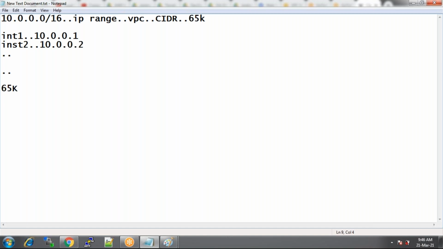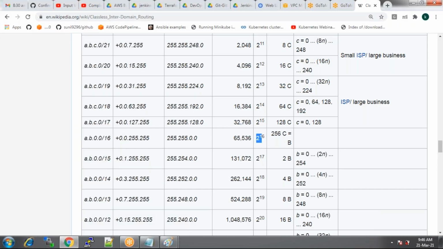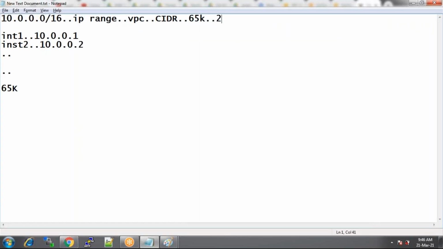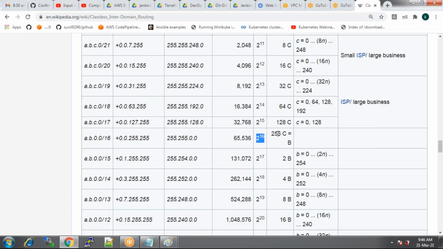Why 65,000? Because my class range is /16. /16 means it can create about 2 power 16, which is 65,000 plus. The correct number is 65,536.